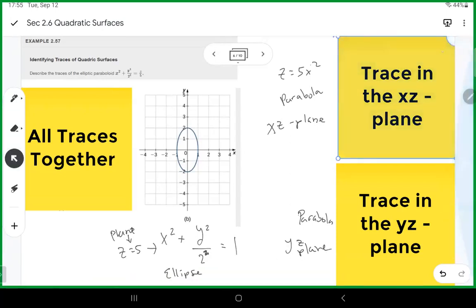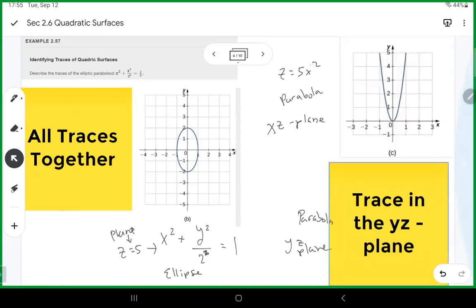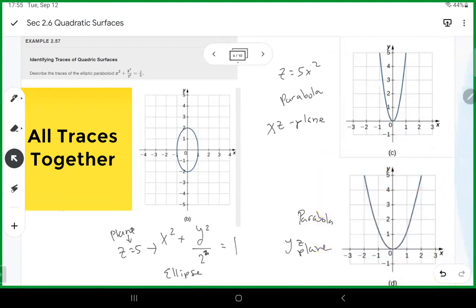All right, so now you guys kind of have an idea of what each piece is. Okay, so once you have all of that, you then have to bring it together.